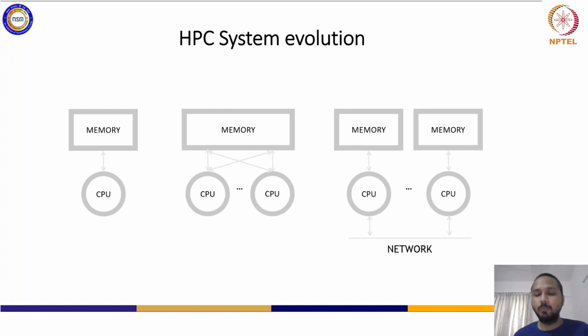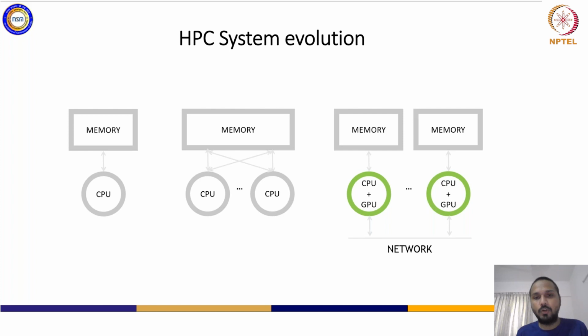What the GPU did was, on top of this existing setup, what you get nowadays in most clusters is that you don't just get a CPU inside your node, you also get a GPU. The advantage is that now you can do more computation on a single node, and you need to go across nodes much less if required, so that you are communicating much less as compared to how you would have gone across.